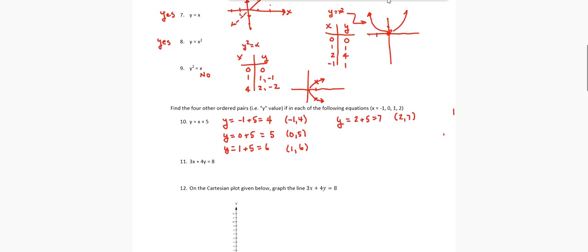So first one, we've got -1, and y then turns out to be 11/4. 0, 2. 1, and y is 5/4. 2, and 1/2.